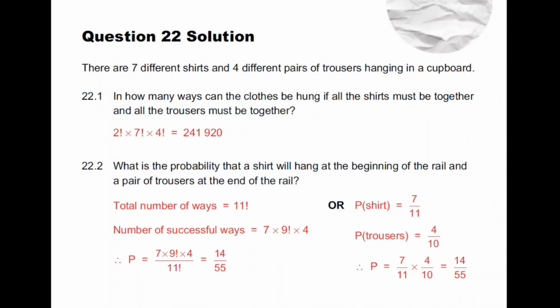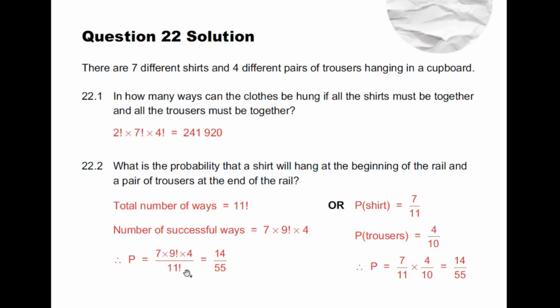So I've got a shirt in the beginning, 7 options. Trousers at the end, 4 options. How many clothes have I got left? Then 9 of them, because I've got 1 here and 1 here. How many ways can I arrange the 9 in the middle? It's 9 factorial. And probability is that times that, which gives me there. Which, as we said, 11 factorial can be written as 11 times 10 times 9 factorial.